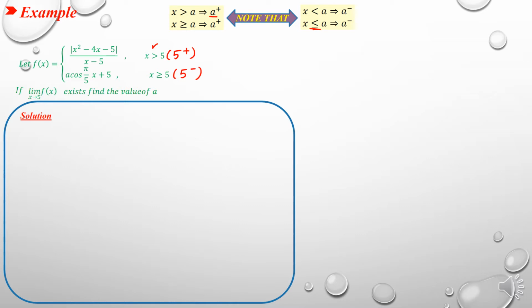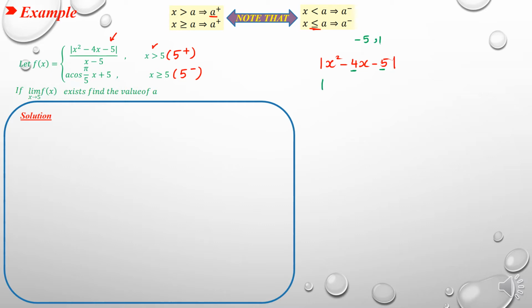So before we start finding the limit, you have to redefine the absolute value here, and we have the absolute value of x squared minus 4x minus 5. Now if we factor the inside function, you have to get two numbers whose product is -5 and whose sum is -4, and these two numbers are -5 and 1.